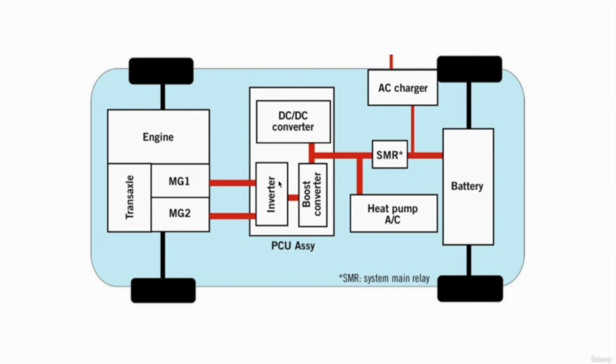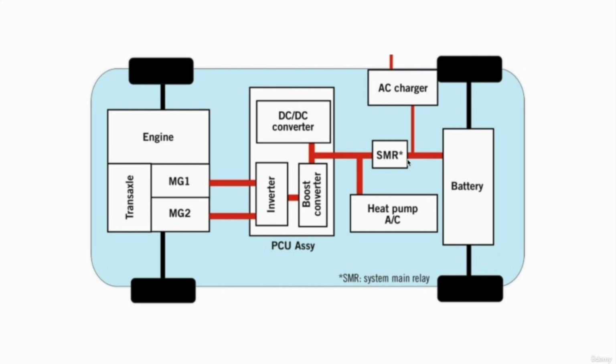Then this AC electricity is passed to the inverter, this PCU, and the inverter converts that AC into DC so that it is easy to store in the batteries. After conversion from AC to DC, it passes the current to the battery and recharges the battery.